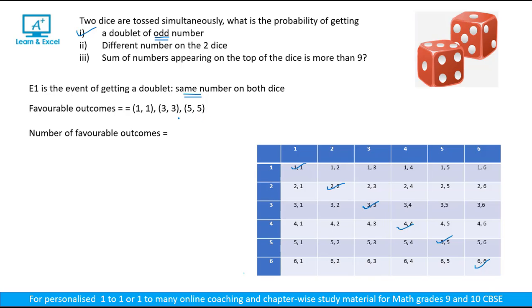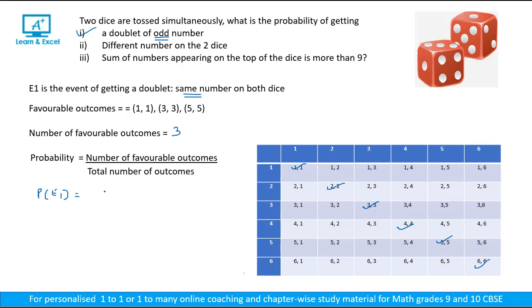That means we have 3 favorable outcomes. We know that probability is number of favorable outcomes upon total number of outcomes. So P of E1 will be equal to 3, and the total number of outcomes, because we have two dice, is going to be 36. So 3 upon 36, or 1 upon 12 when we simplify, is our probability.